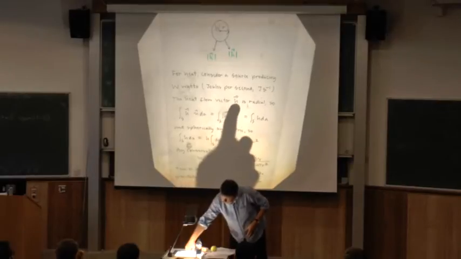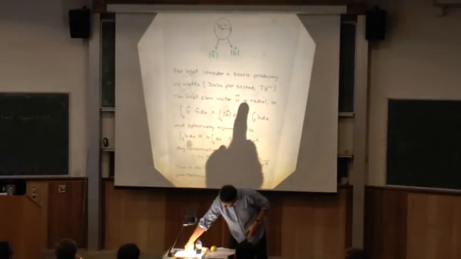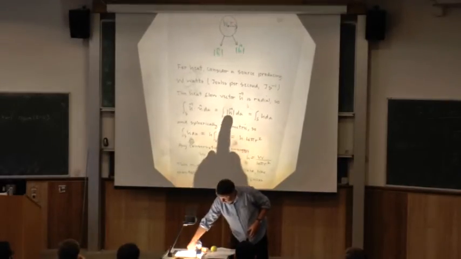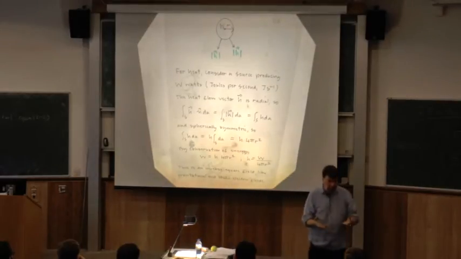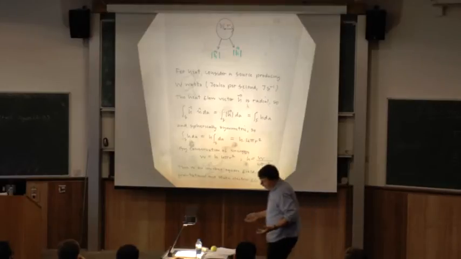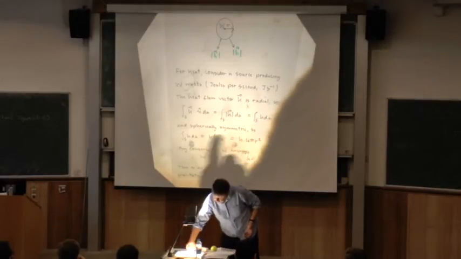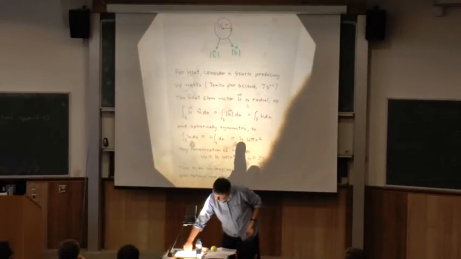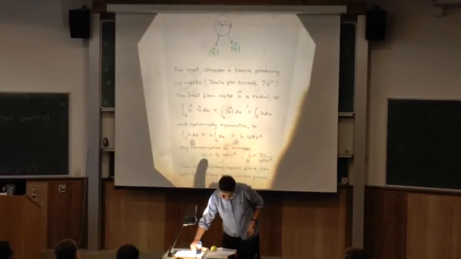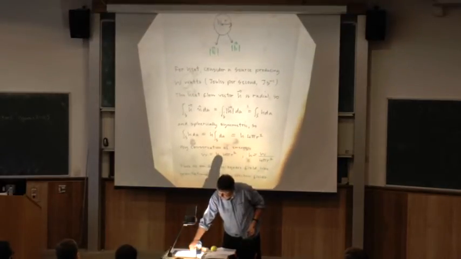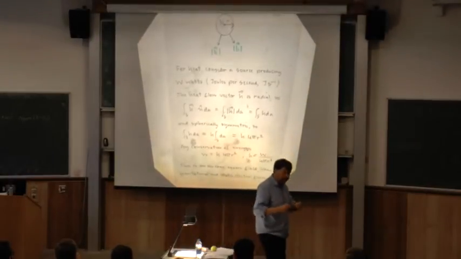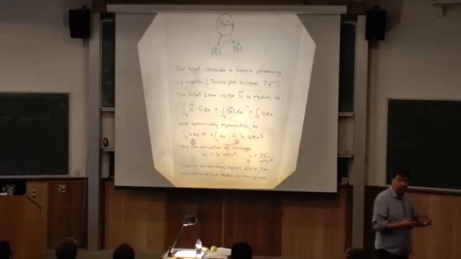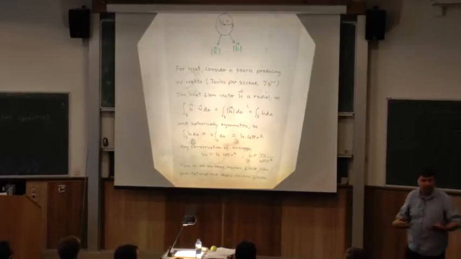Then with the heat flow, we go through the same argument. The heat flow vector is radial, so we only need to consider its magnitude. Because we're inside this big block of conducting material, its magnitude is the same at every point. So by conservation of energy, W has got to be equal to h times 4 pi r squared. h is the flow of energy per second per square metre.